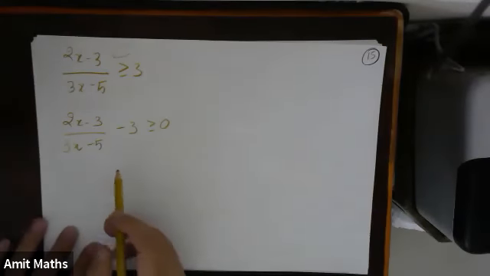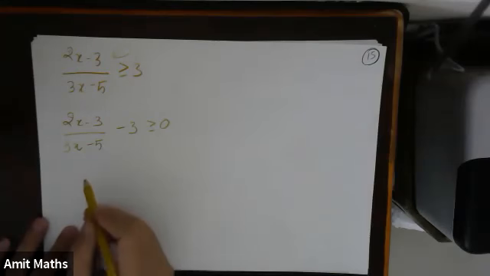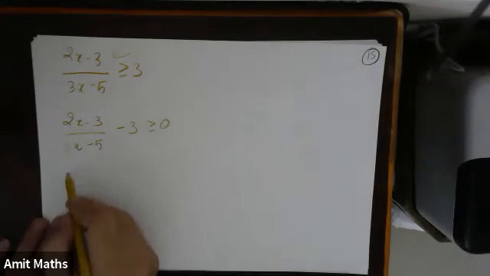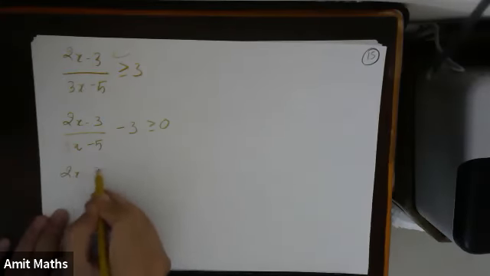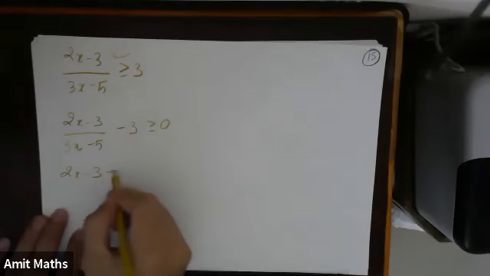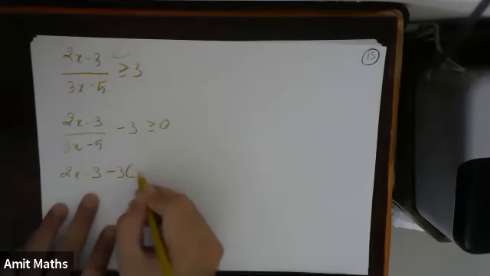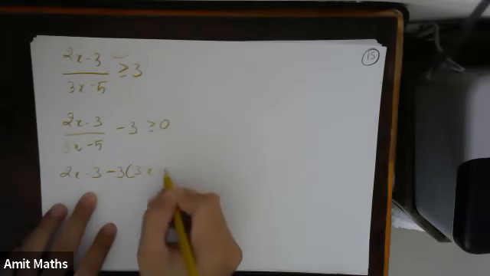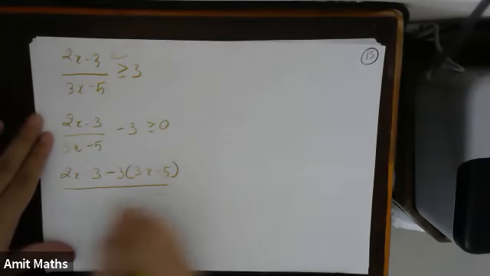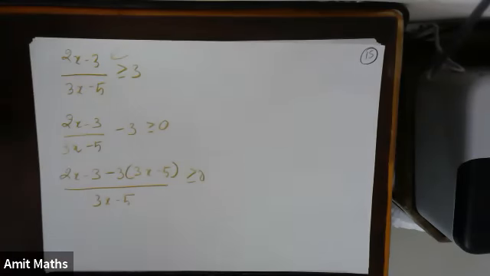Okay, so let's see. You have started giving answers. Yes, I guess it is correct. So this is 2x minus 3. If I take the LCM, this is minus 3 into (3x minus 5) upon (3x minus 5) should be greater than or equal to 0.